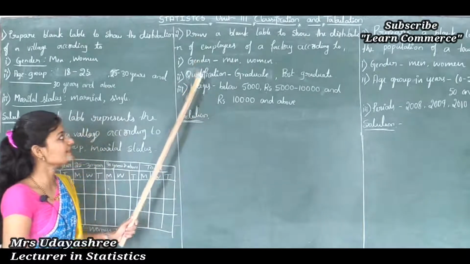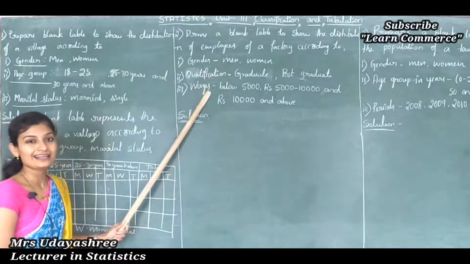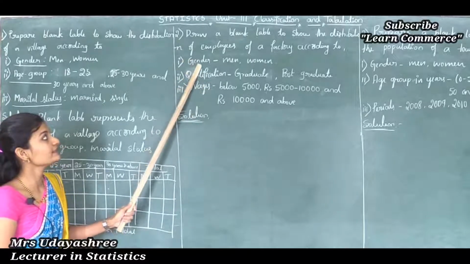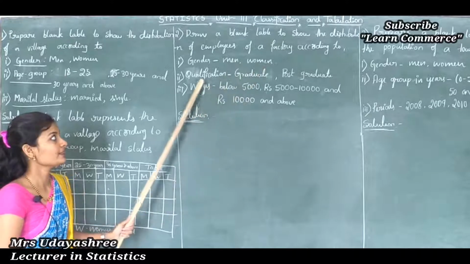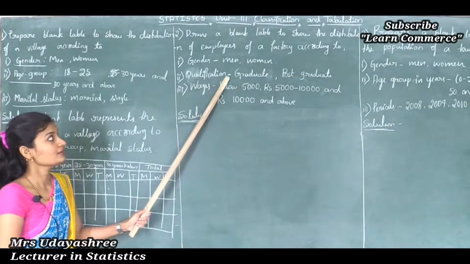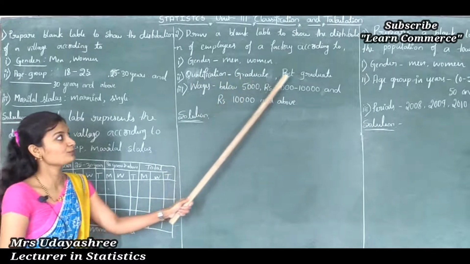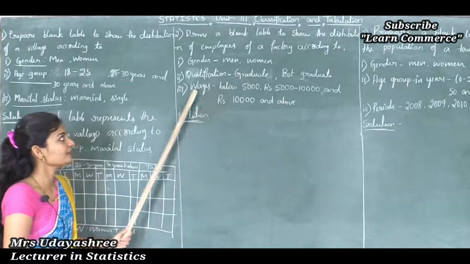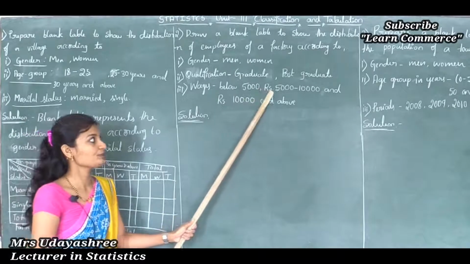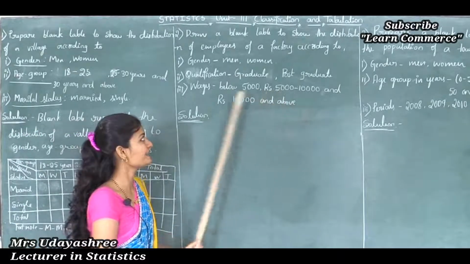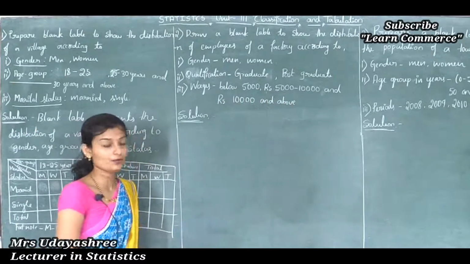Gender, qualification and wages are classifications. Under gender, men and women are given. Under qualification, graduate and postgraduate are given. Under wages, below 5,000, rupees 5,000 to 10,000 and rupees 10,000 and above are given.